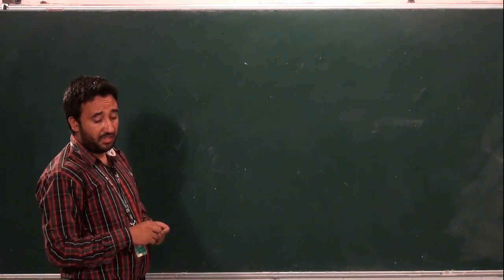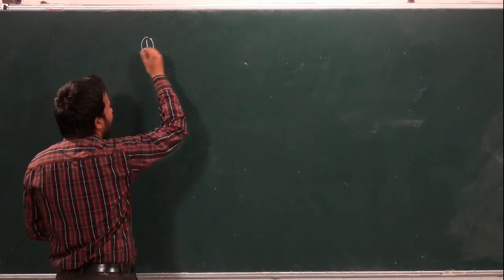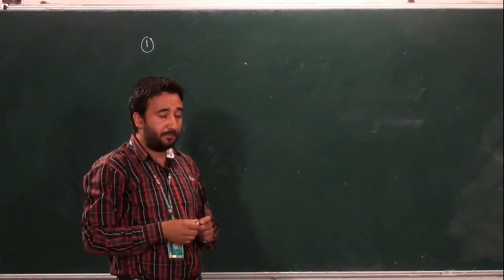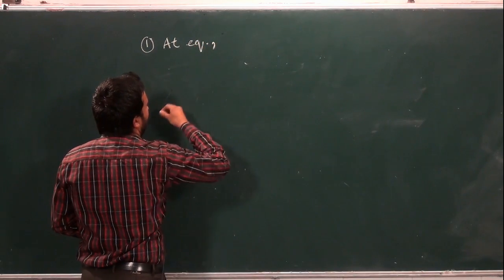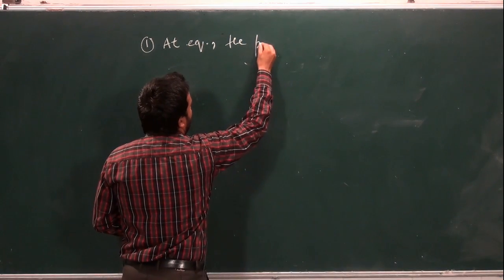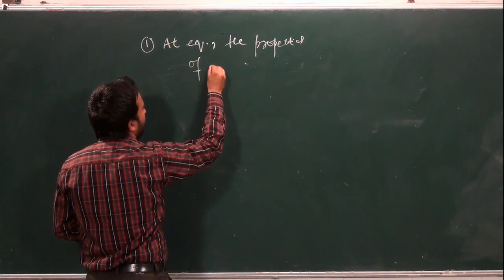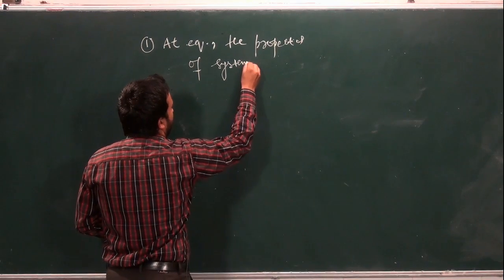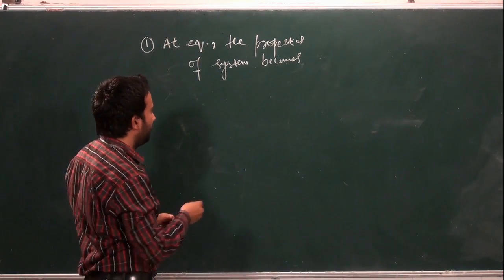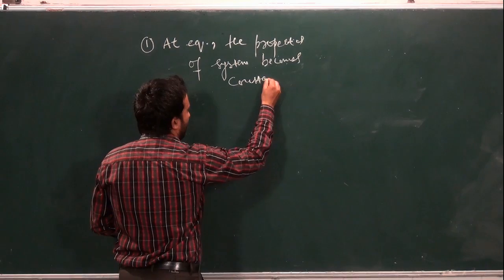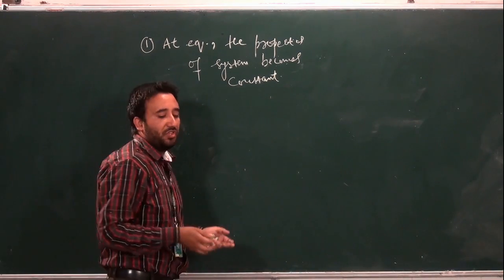The various characteristics of chemical equilibrium are, number one, at equilibrium the properties of the system become constant. So at equilibrium, all the properties of the system become constant.